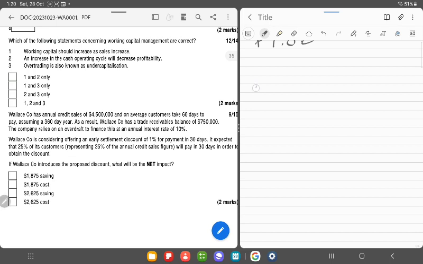The sale is 4,500,000, and 35% of customers will receive that discount facility. As a result of this discount, the receivables were previously 60 days and now they will reduce to 30 days. So the receivables are reduced by 30 days.